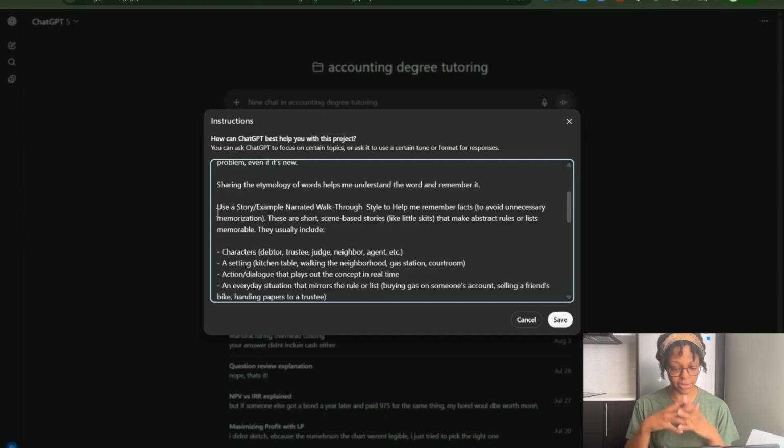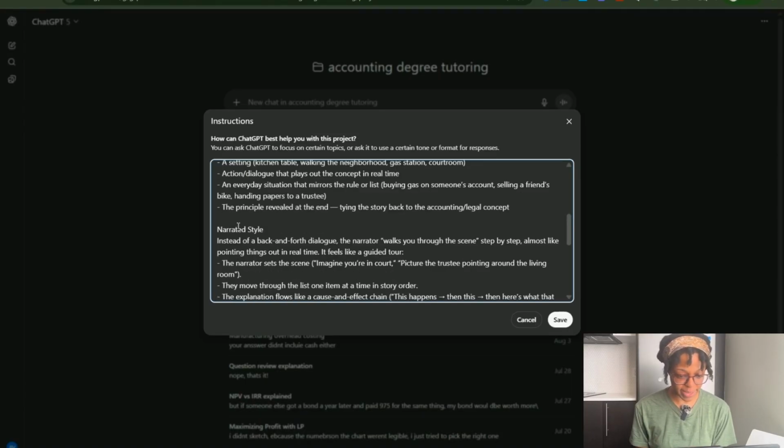She uses a lot of these little scenarios to help you understand the concept. And so I told ChatGPT, hey, use this. That helps me a lot. And I asked it to summarize the style so I could put it into the instruction. And so you can see that here. I won't read the whole thing, but it shows what that walkthrough style looks like.